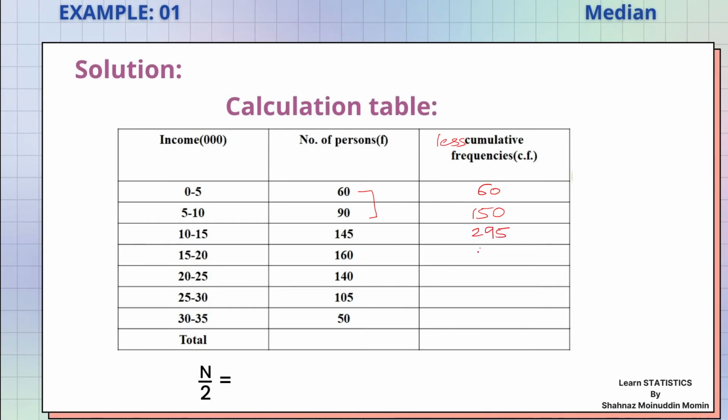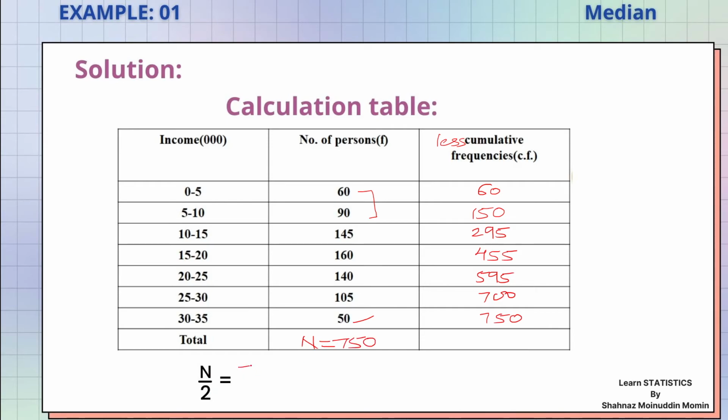Likewise, after adding, we get 455, 595, 700, and 700 plus this 50, 750. Here we have given the number of persons 750.